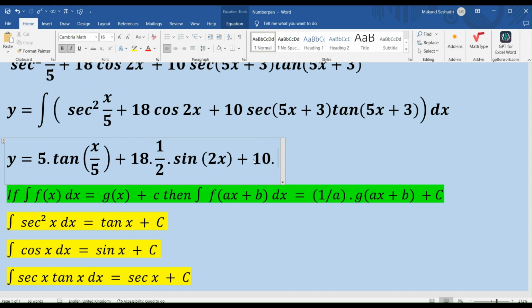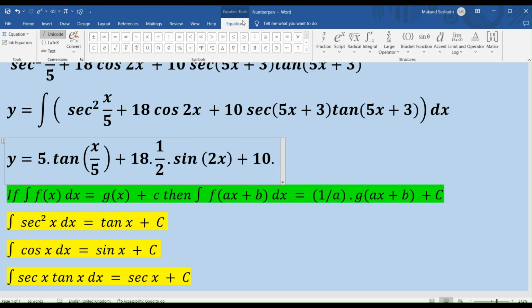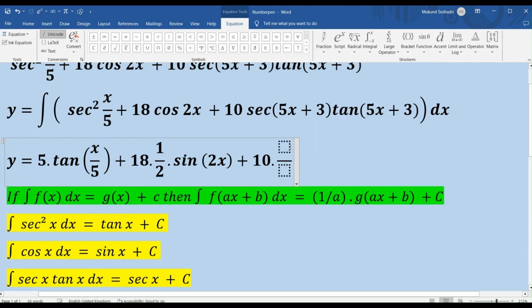I know that my f of x is secant x tan x, my g of x is secant x, my f of ax plus b is f of 5x plus 3, which means my a equals 5, my b equals 3, and my f of ax plus b is nothing but secant of 5x plus 3 tan of 5x plus 3, and therefore integral of f of ax plus b dx is nothing but 1 by a, which is 1 by 5, right?